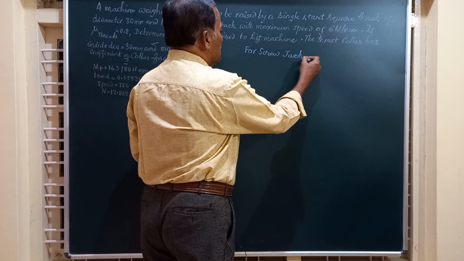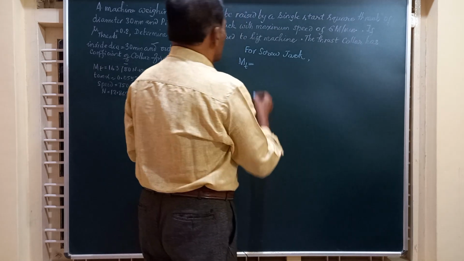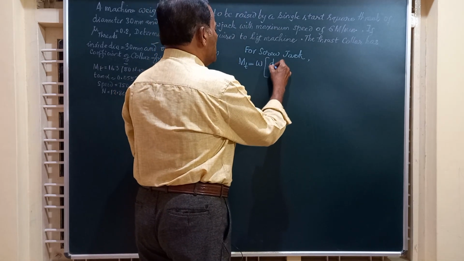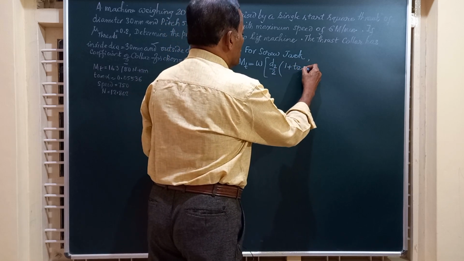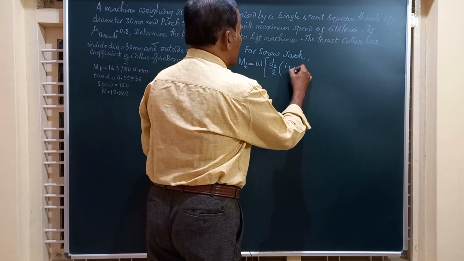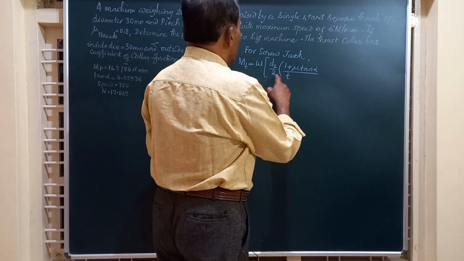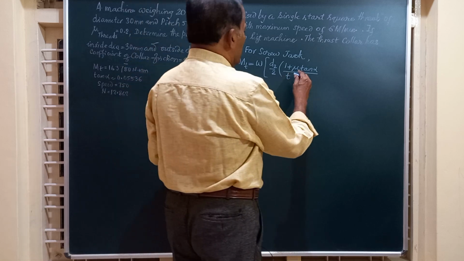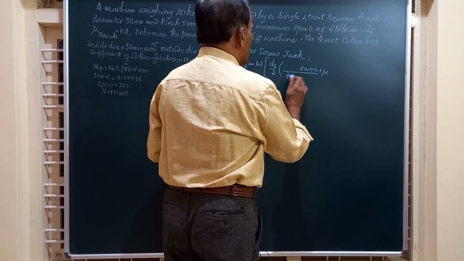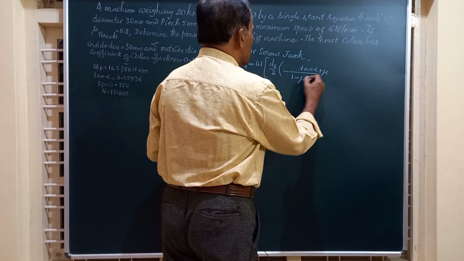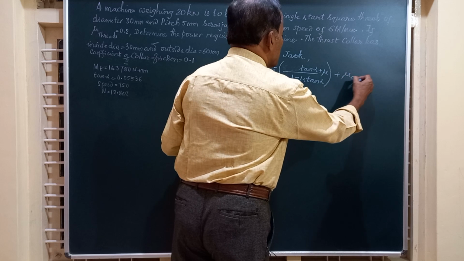The torque MT is given by the formula W d2 by 2 multiplied by (tan alpha plus mu) divided by (1 minus mu tan alpha), plus mu c dc by 2.